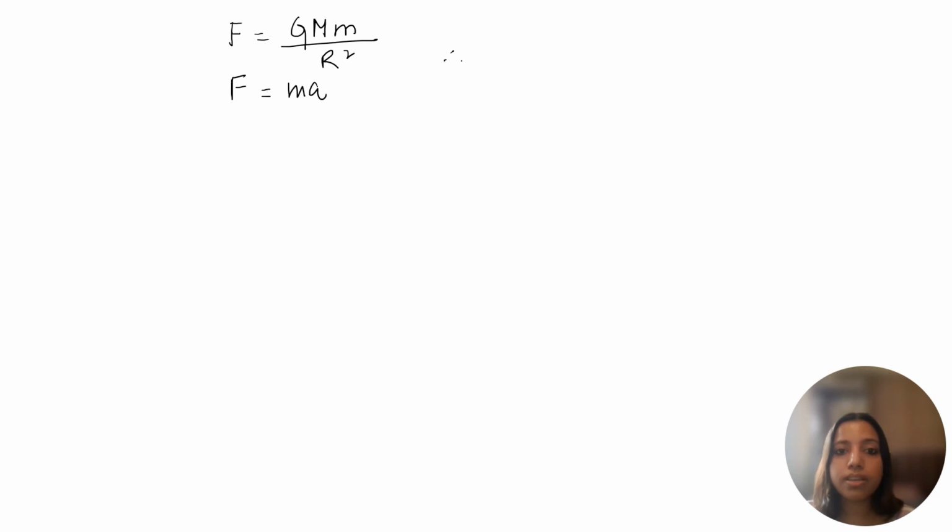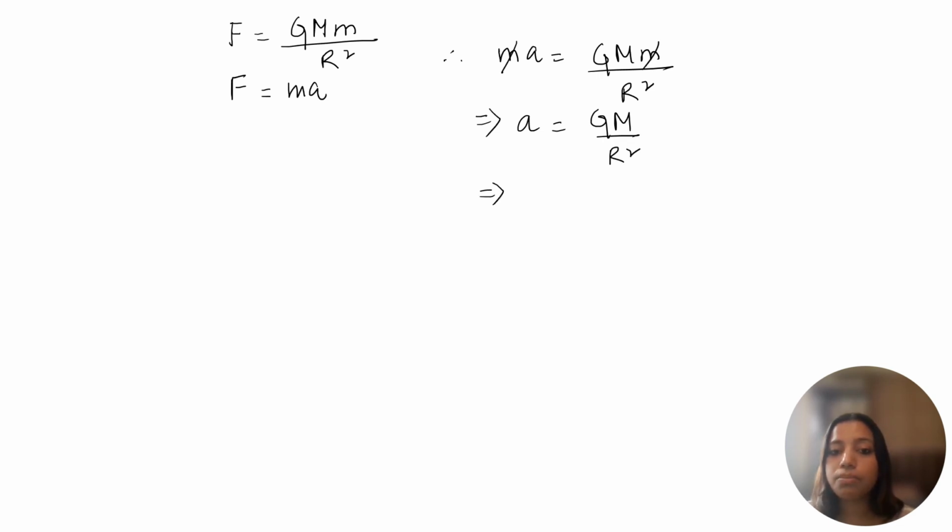Now we are going to equate these two equations. So we write ma is equal to G M m divided by r square. Now see here, small m and small m will cancel out with each other. So this is a is equal to capital G M by r square. Since we are talking about acceleration due to gravity, g is equal to capital G M upon r square.